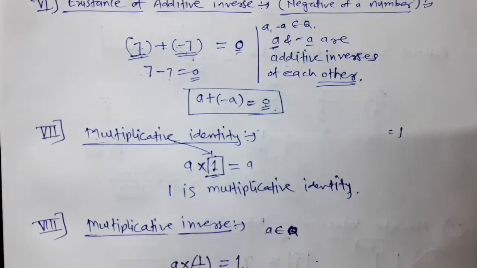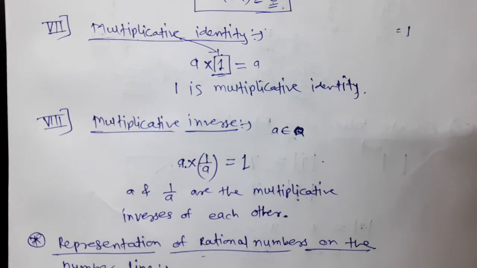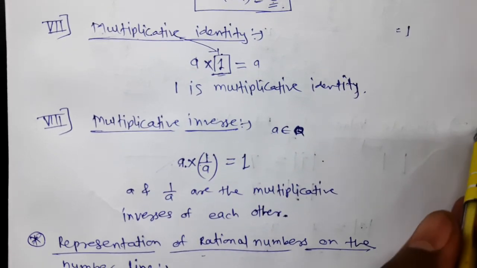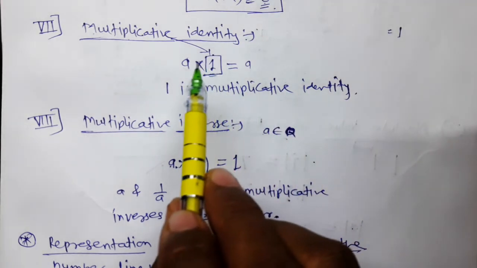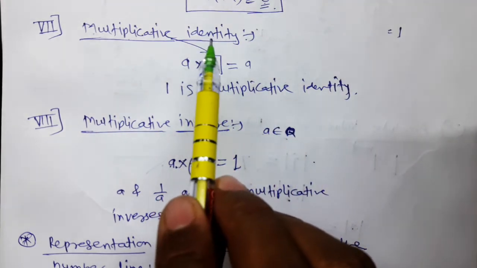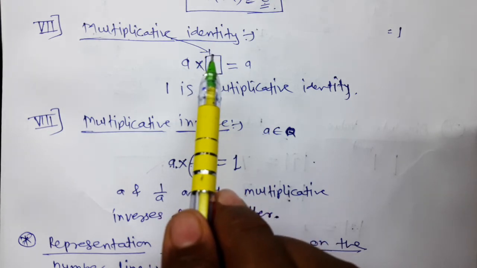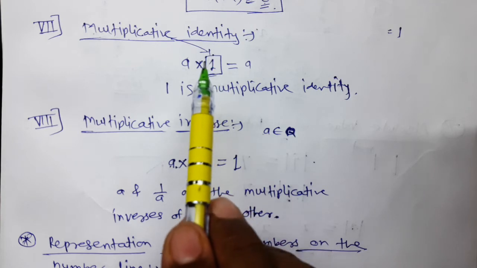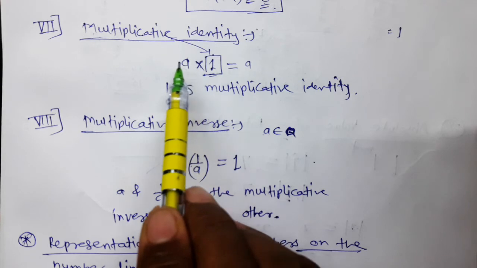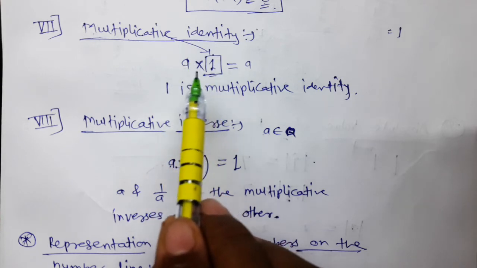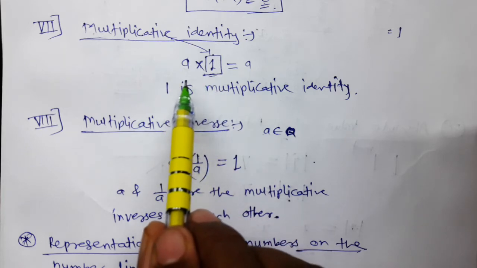The next law is the multiplicative identity. We have explained the identity element before. An identity element is such an element that after performing an operation with a number, we get the same number back.